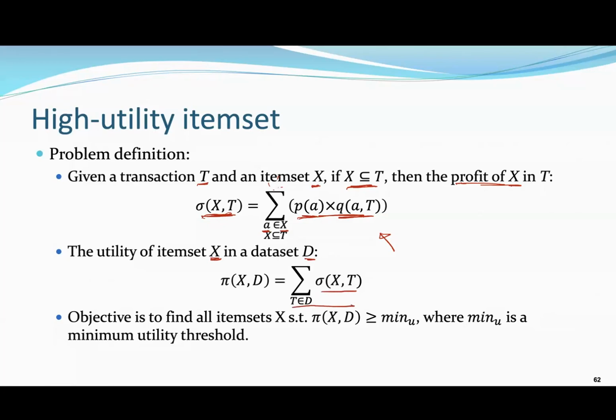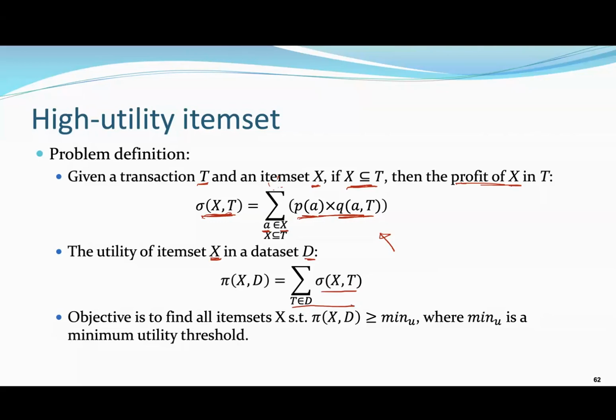So this is the total profit that we can make by selling the items in the item set X across all the transactions in the data set. We use pi(X,D) to represent this value, and we call this the utility of the item set X.